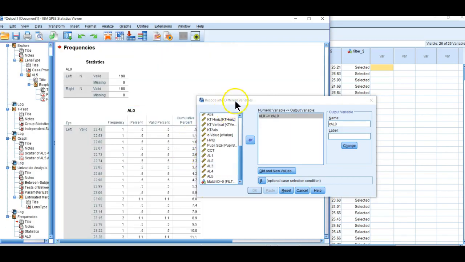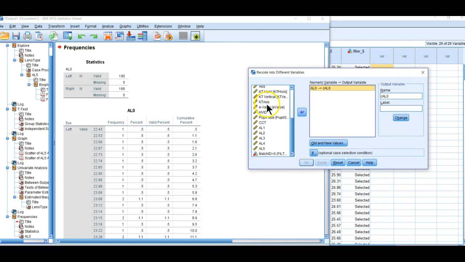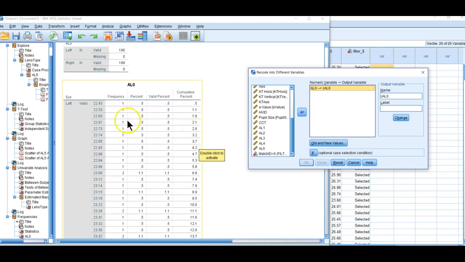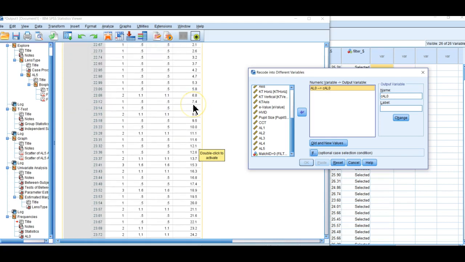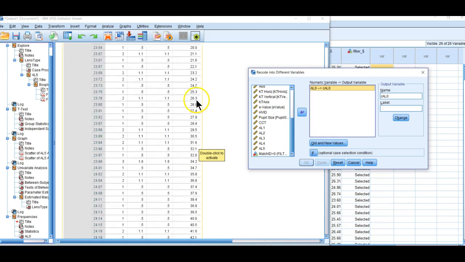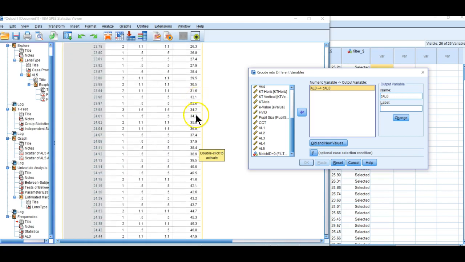The frequencies program gives us, for our left eye, we come down here and we see 33% of the people are less than 23.98. We're going to use 23.97.